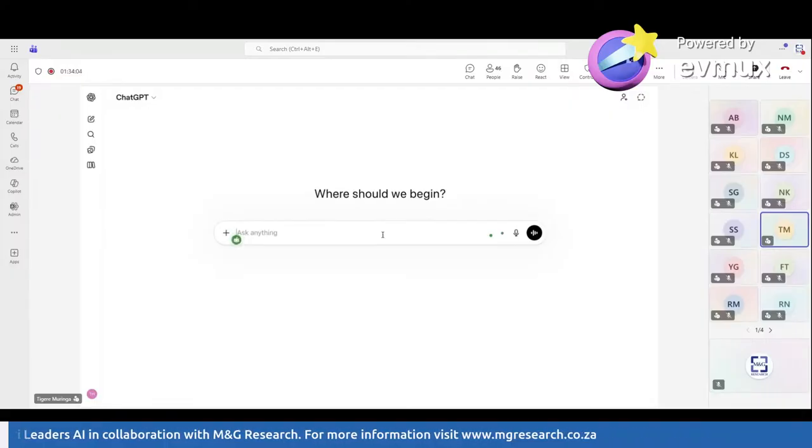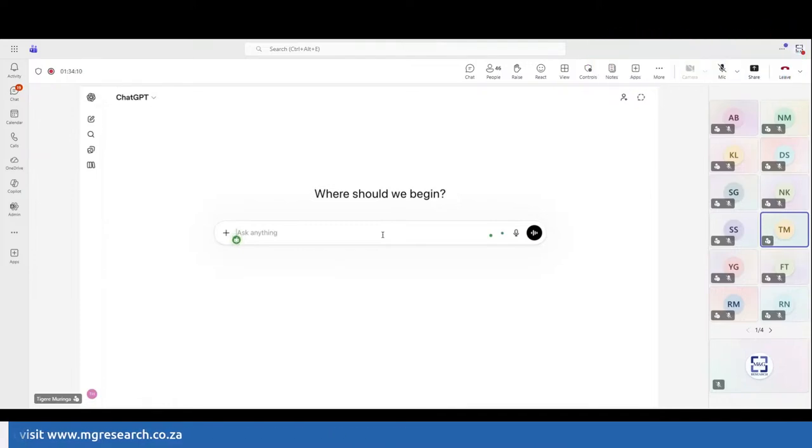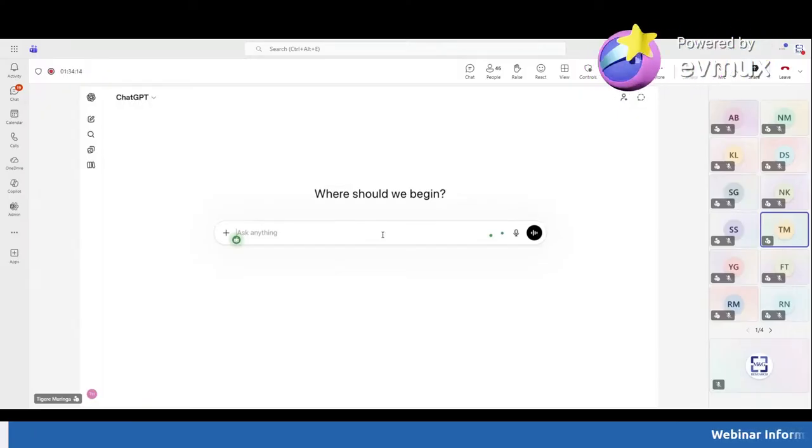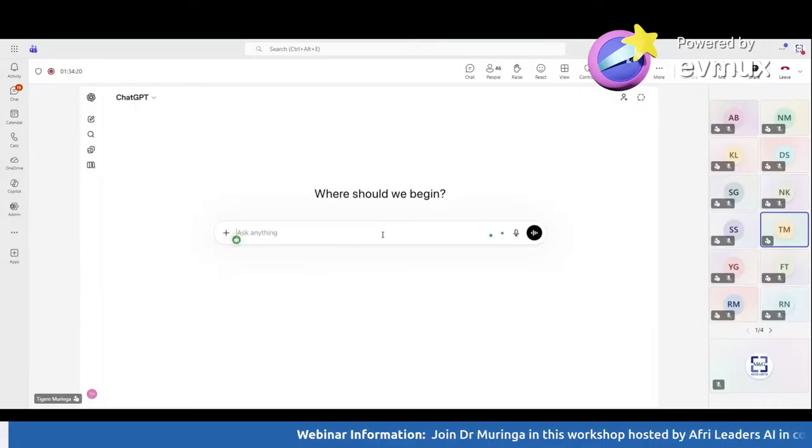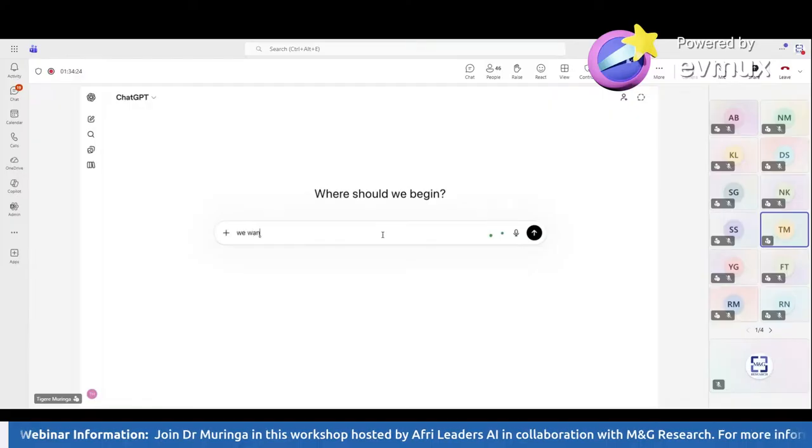I'm not going to use participants' data because I don't want to upload my data as yet on ChatGPT, because of the issues of data security. So I'm going to do a content analysis, and first things first, we want to familiarize.